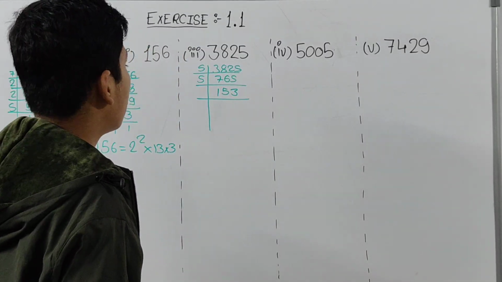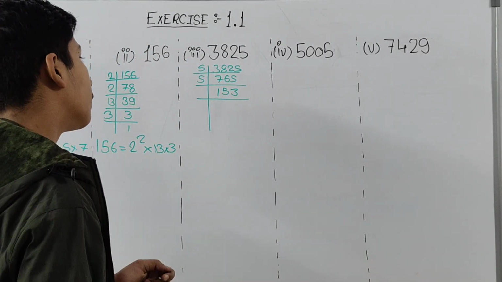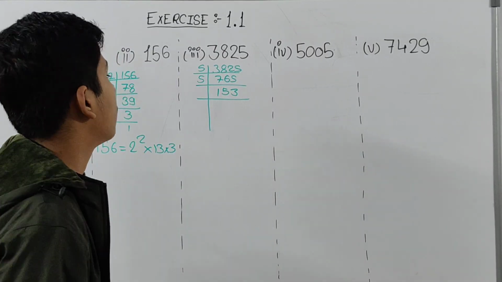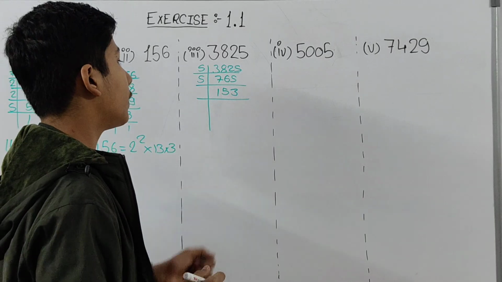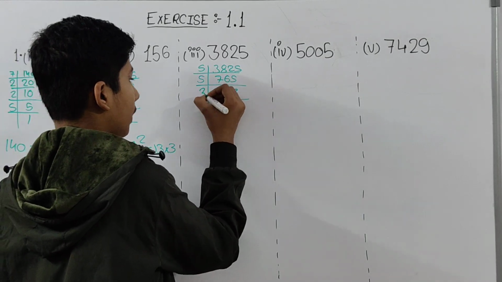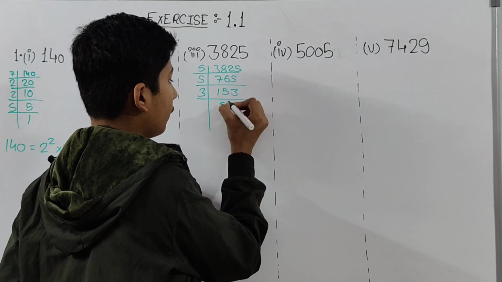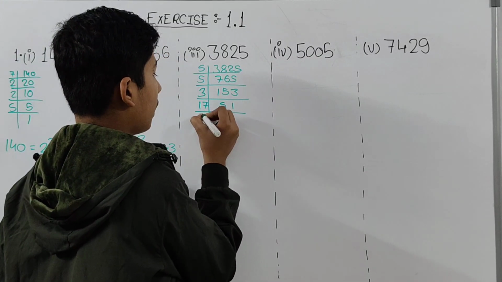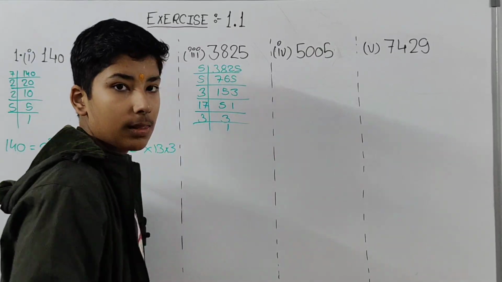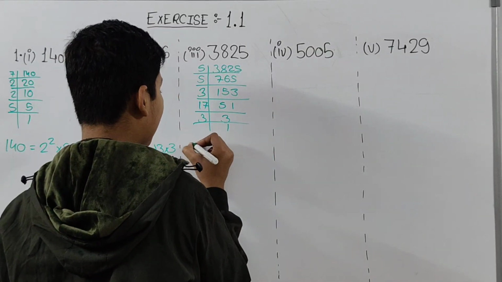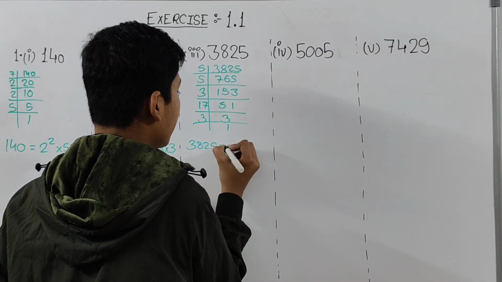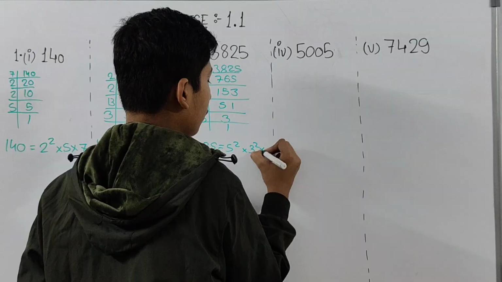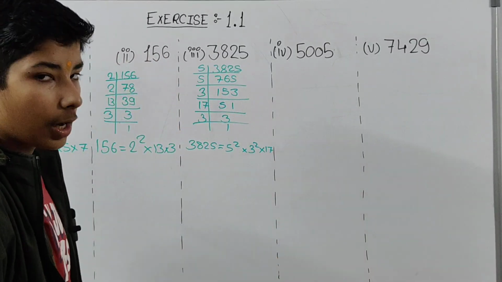Then we'll divide by 3. 3 6s are 18, 3 5s are 15, 3 ones are 3. 17 3s are again, 3 ones are. This is our answer. So when we write it, we'll write 3825 equals 5 square into 3 square into 17. Okay, I hope it is clear.